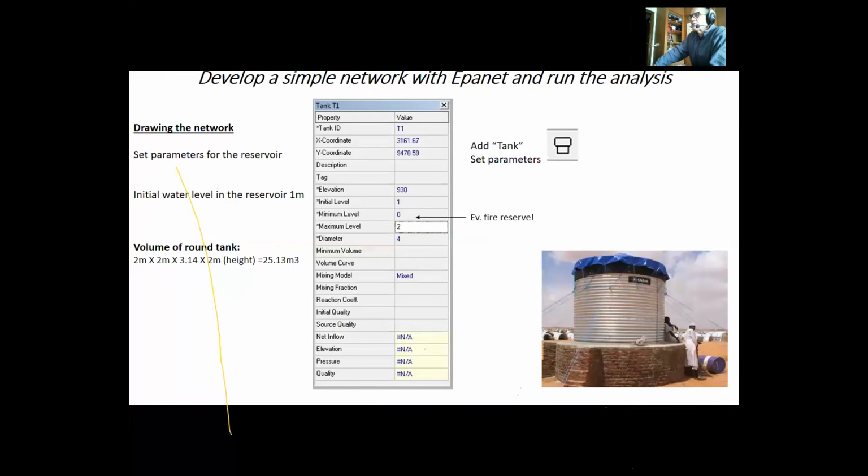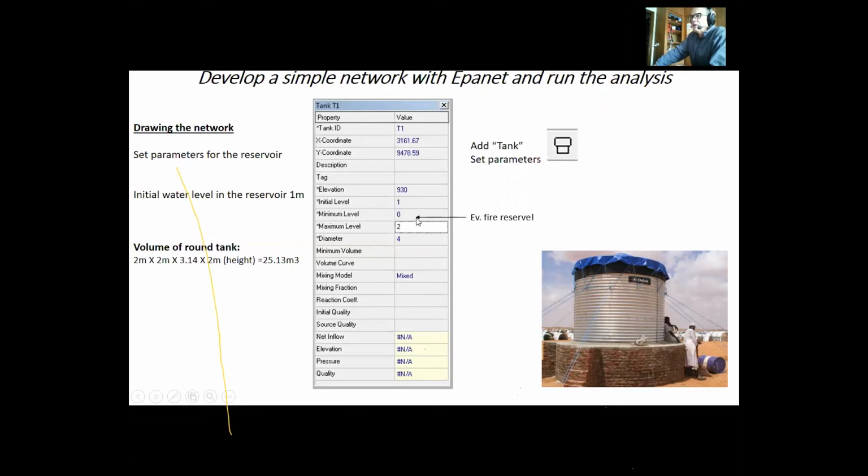If you click on T1, you will have the parameters for the tank. The name, T1, can be changed, of course. The elevation, the bottom elevation. And then here you have the initial level of the water when your analysis starts. How much water is in the tank? It can be 0, it can be 1 meter, 2 meters, depending. But of course, the initial level cannot be higher than the maximum level.